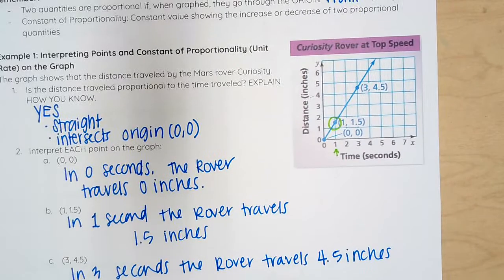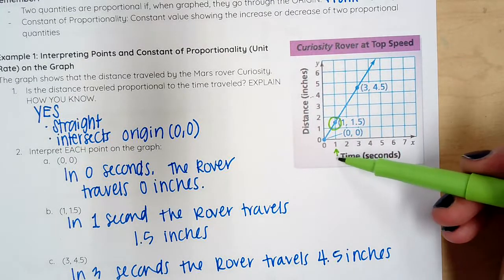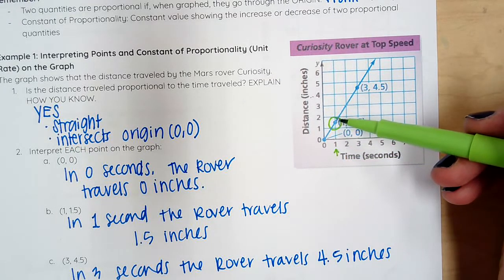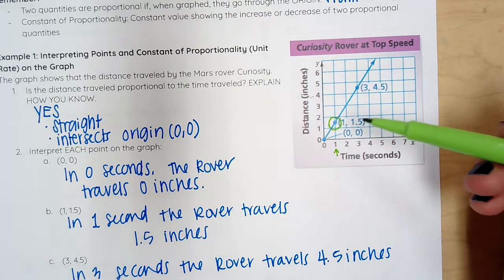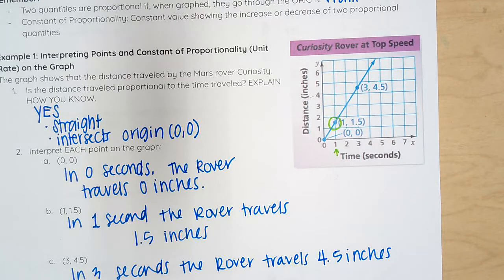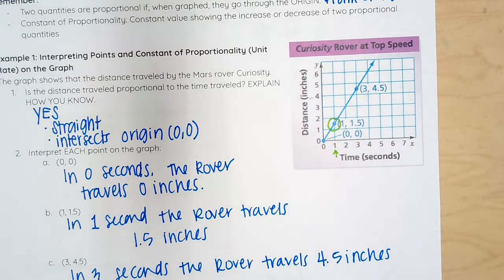Oops, I'm sorry, you couldn't see that. Our 1 on the X-axis goes up to 1.5. Therefore, our unit rate is 1.5. This graph goes up at a constant rate of 1.5.